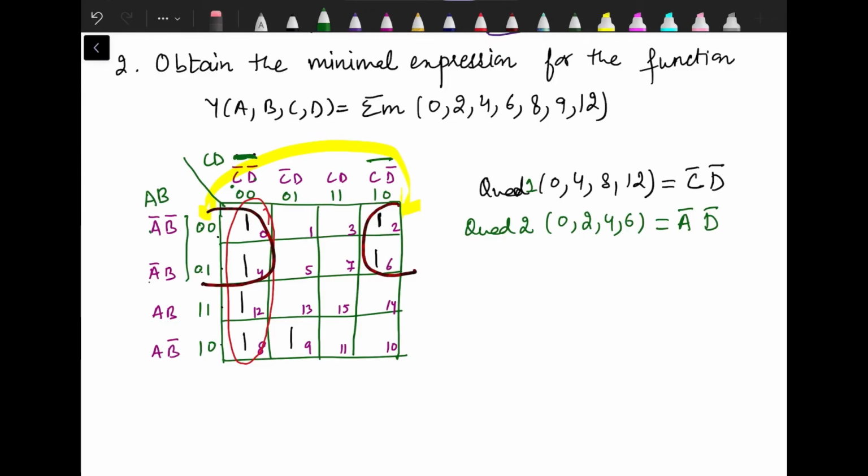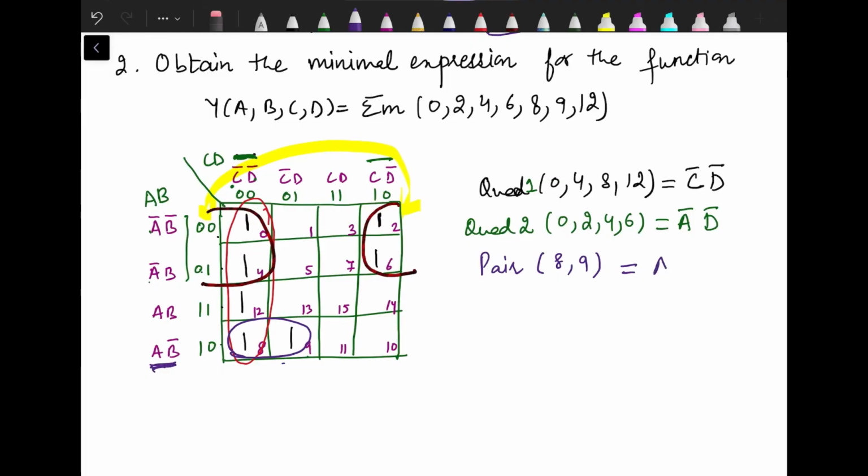Then what are we left with? We have one minterm, 9. So instead of keeping it a single one, it is possible to combine this minterm with the eighth minterm to result in a pair, a pair of 8 and 9. So when we write the pair of 8 and 9, since it's the same row, A and B remain the same.